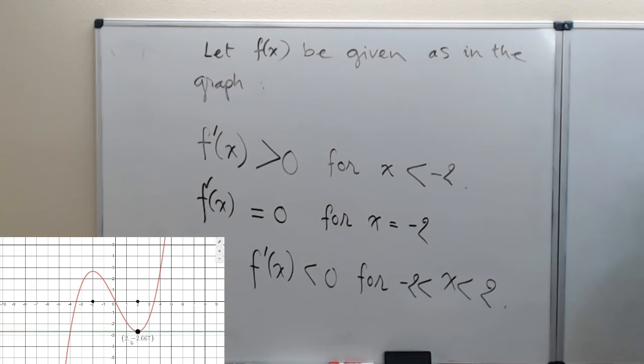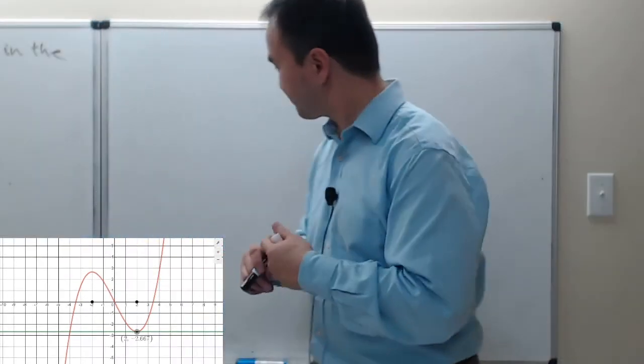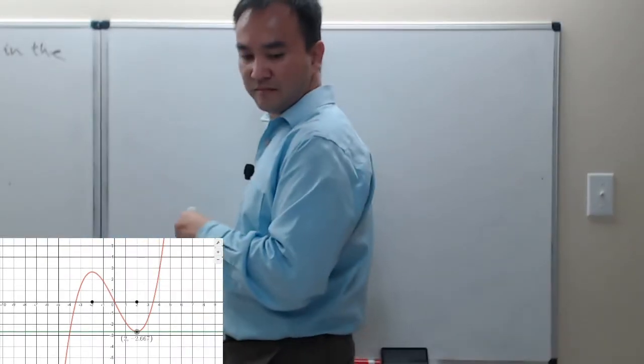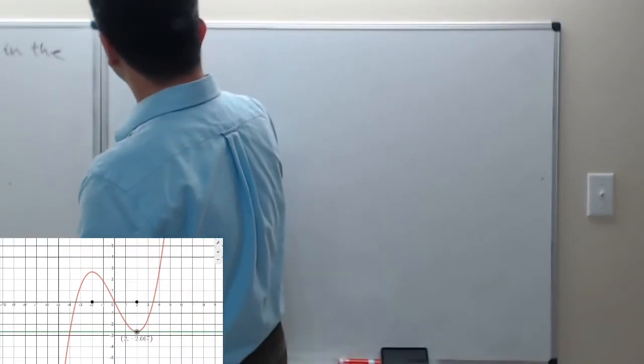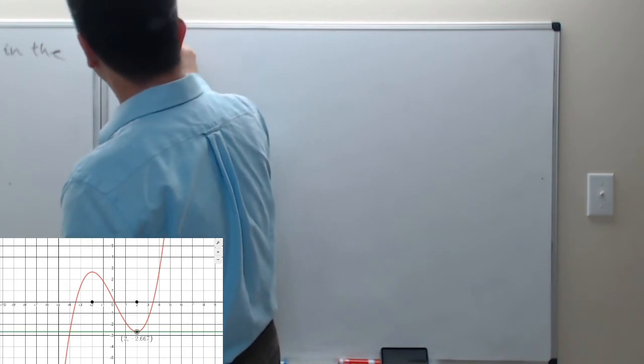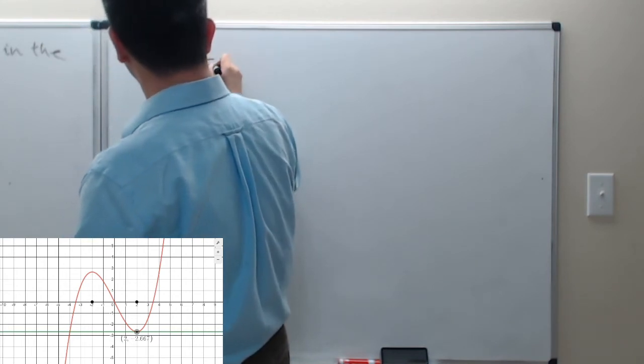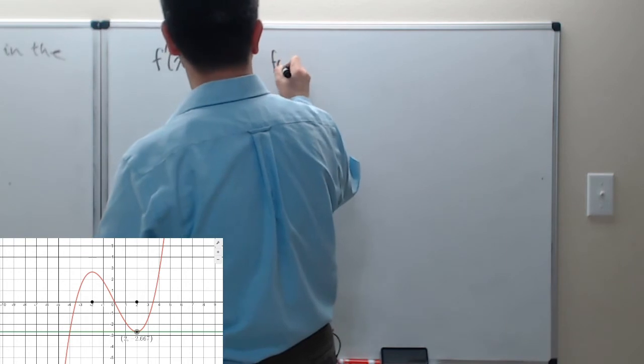So when x equals 2, my tangent line becomes exactly horizontal, or slope equals 0. So back to my explanation again: f prime of x must equal 0 when x equals precisely +2.